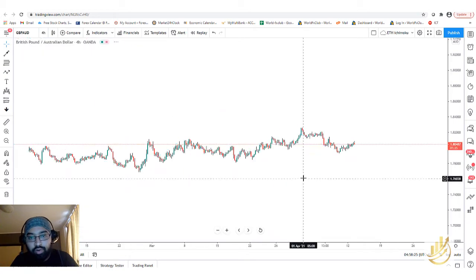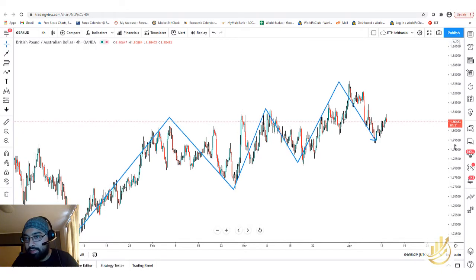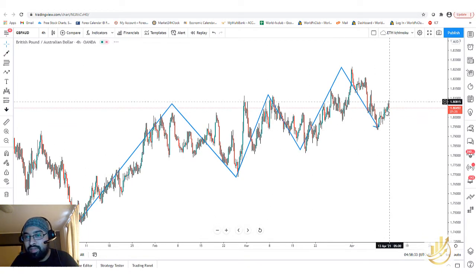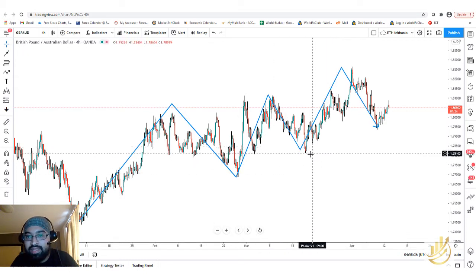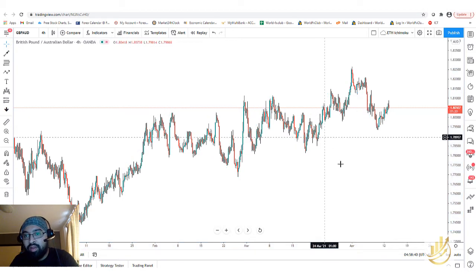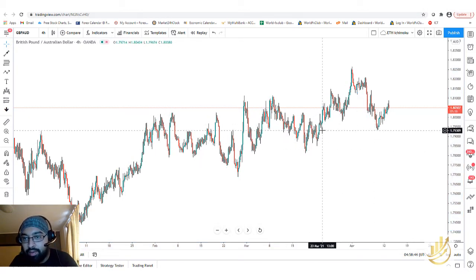So let's go to the 4 hour chart. It looks pretty much the same. The strength is not that high, but let's see if we can enter some long opportunities. This looks like an uptrend where price is coming down to this area, found support here, and then moving up.